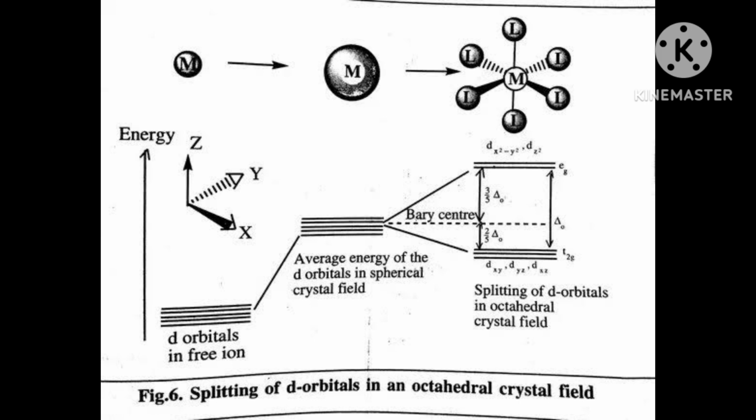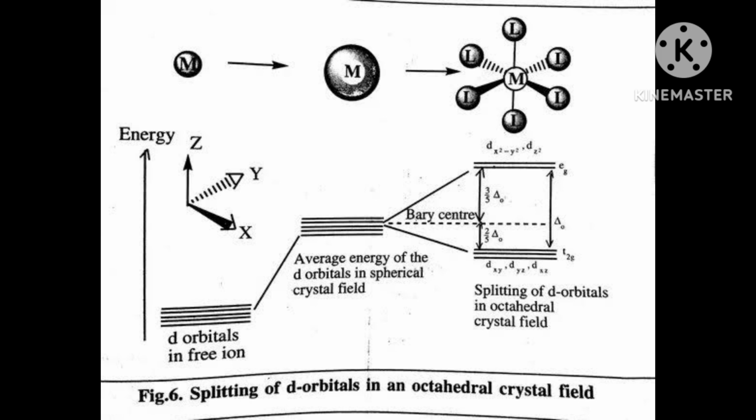Now see here, for d4 ions, two possible patterns of electron distribution arise.